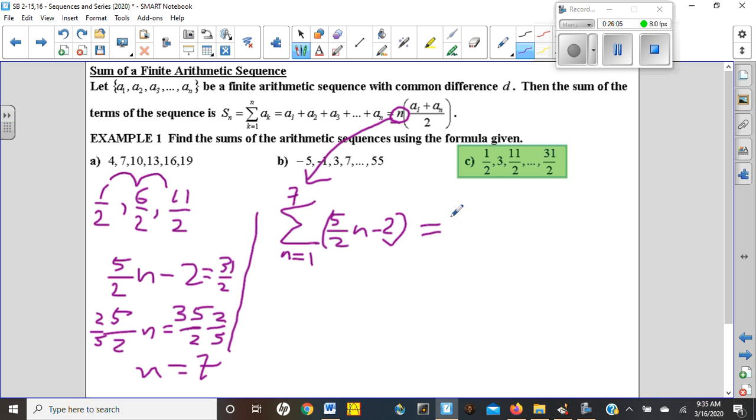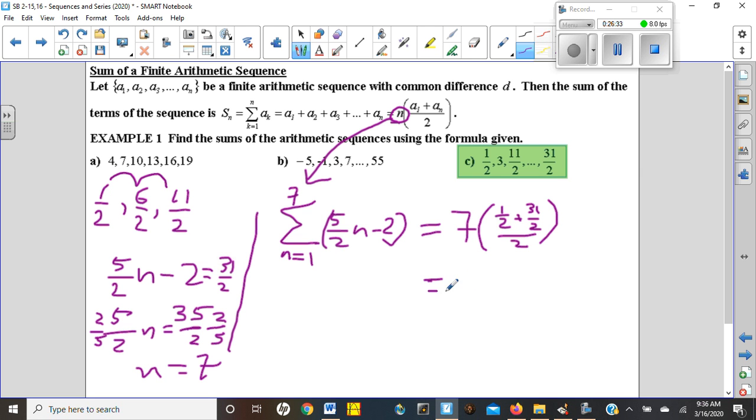The sum is going to be the number of terms, 7, multiplied by the sum of the first term, which is 1 half, and the last term, which is 31 halves. And don't forget to divide that by 2.